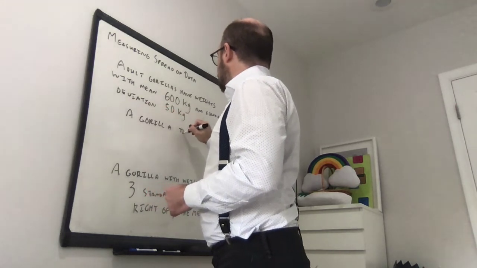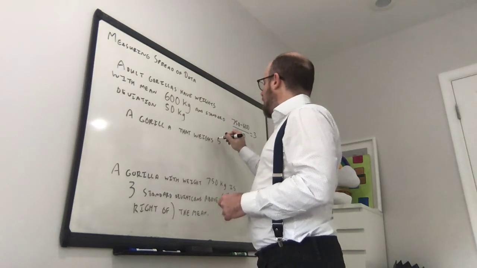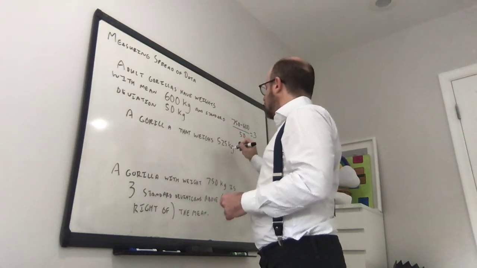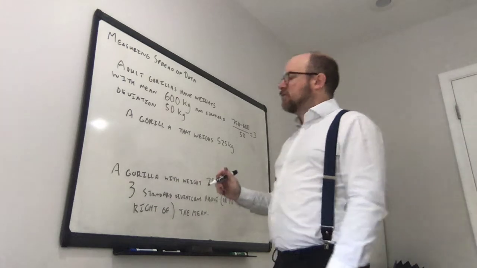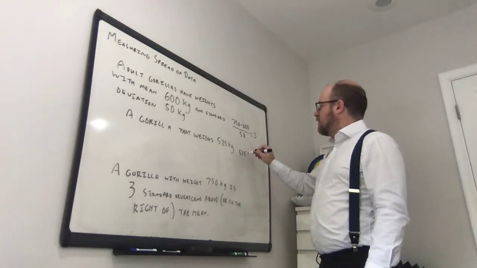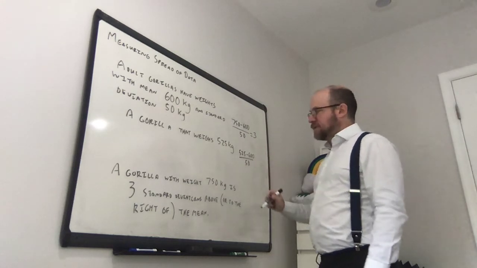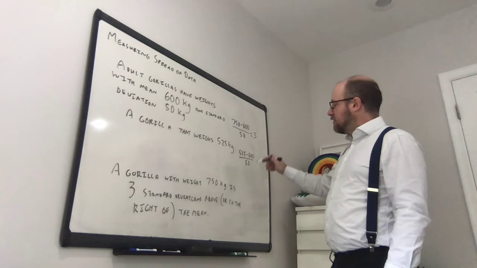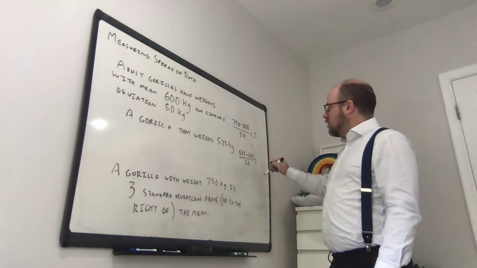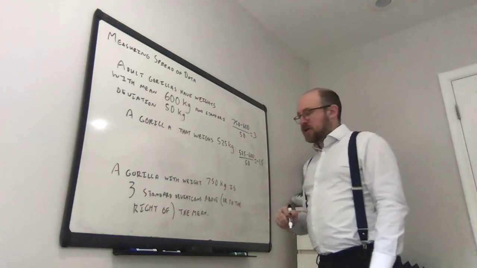Okay? Whereas if you had a gorilla that weighs 525 kilograms, right? If you took 525 minus the mean divided by the standard deviation, so 525 minus 600 divided by 50, you're going to get negative 1.5. Okay?